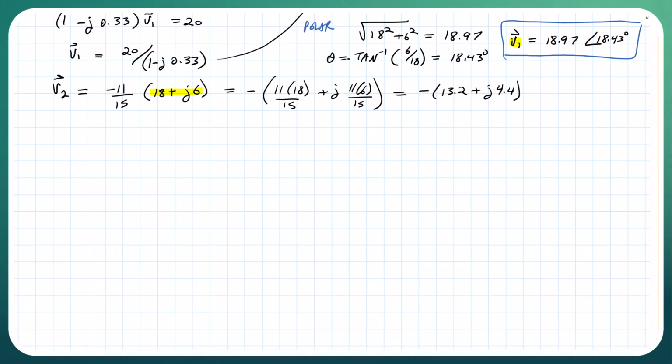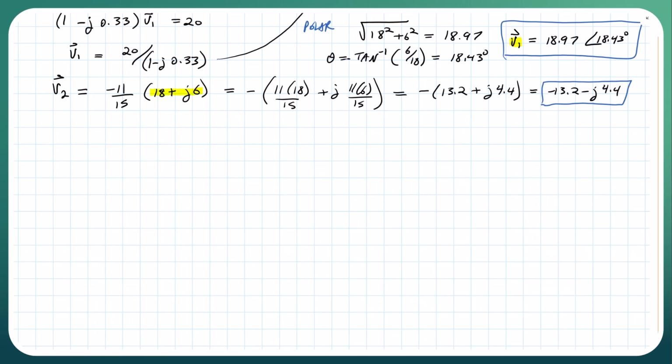And then we can distribute the negative in here, so minus 13.2 minus j4.4. So this is our V2 in this format.